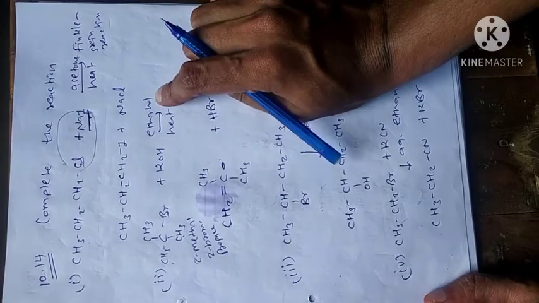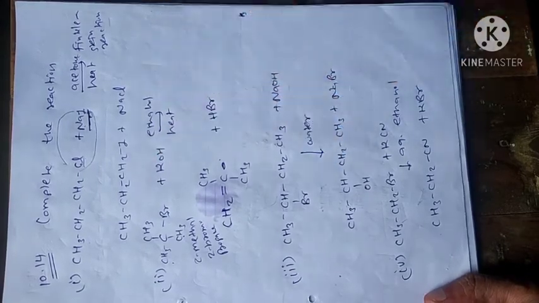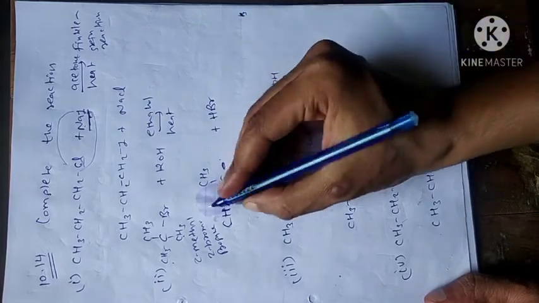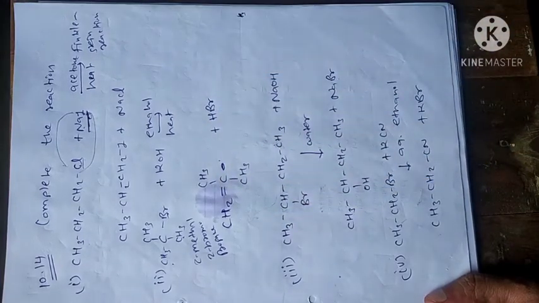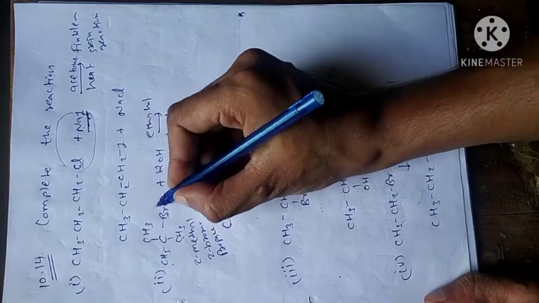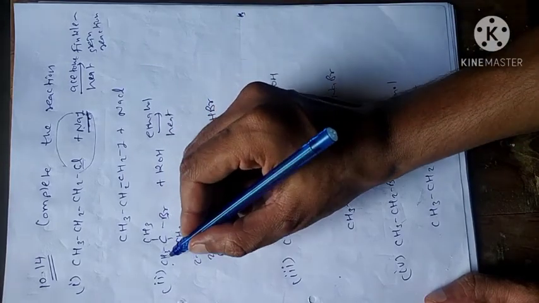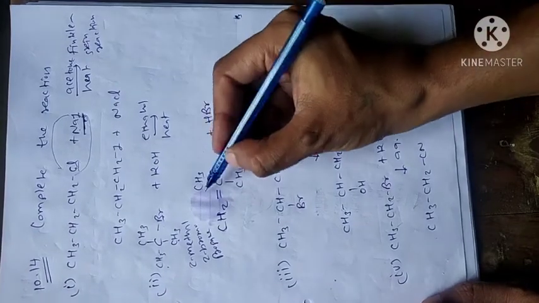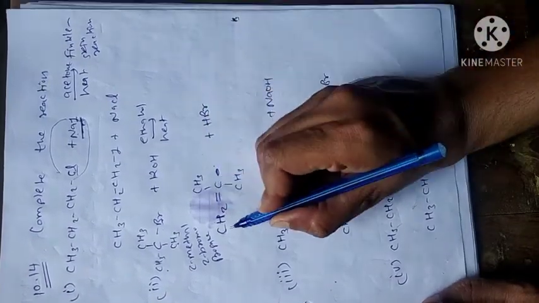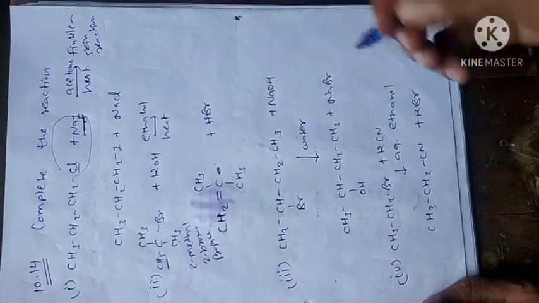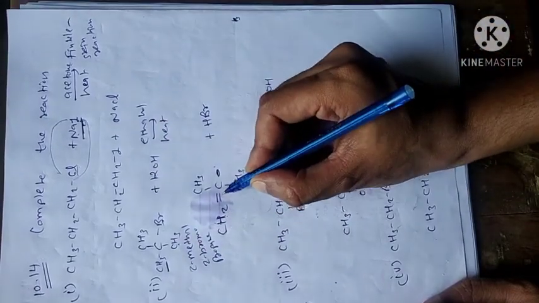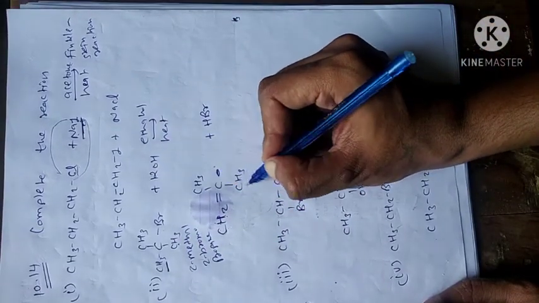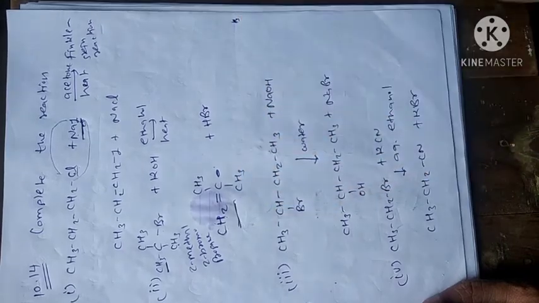Alcoholic KOH is there, so it gives elimination reaction. So what will you do here? Just remove Br and hydrogen from any of the adjacent carbon. All are equal here, so I am using this as beta carbon. So you will get CH2 double bond C(CH3)CH3. This is our product.